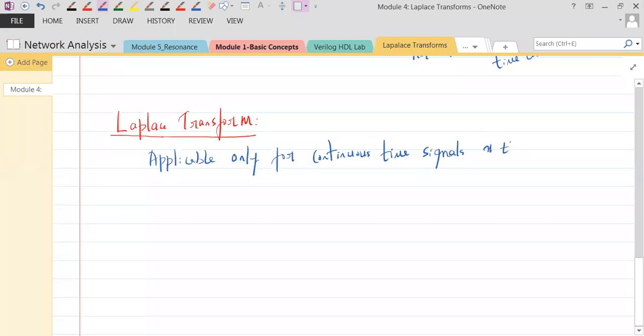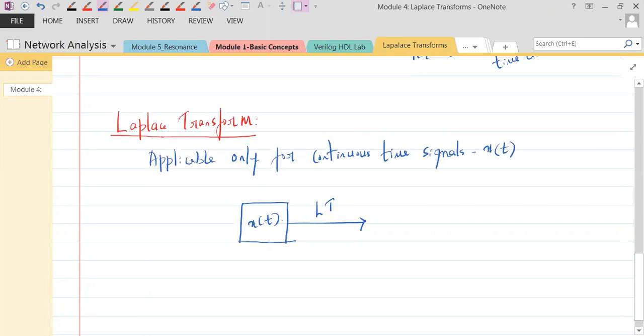How do we represent them? Continuous time signals are represented as x of t. Understand? So if you have x of t, you would apply Laplace transform on this, which is LT.